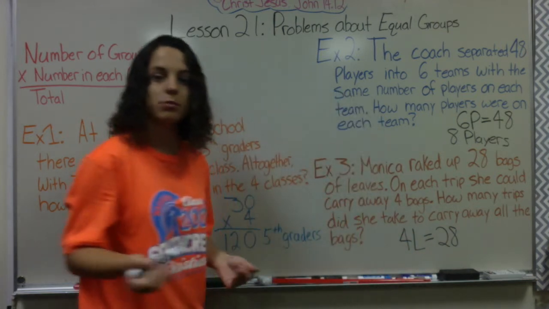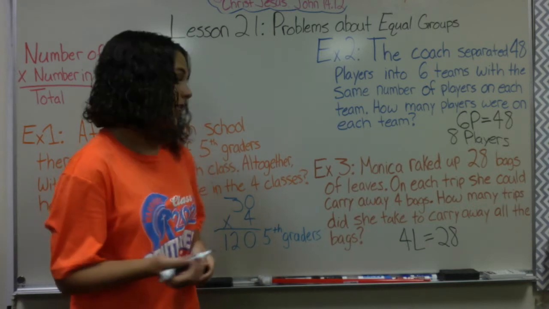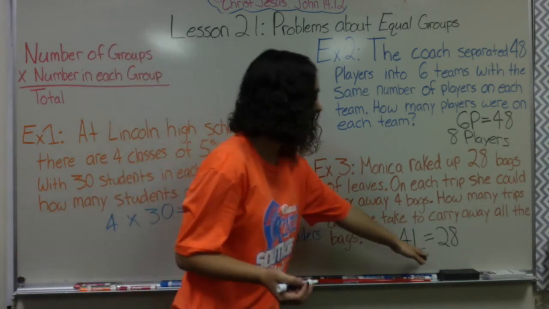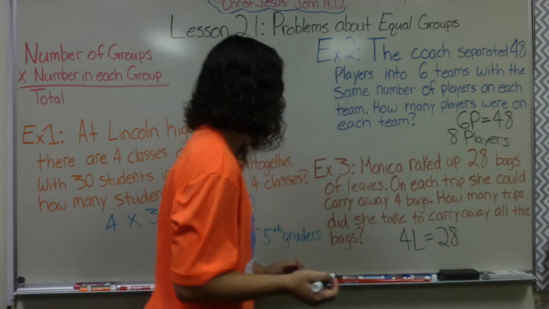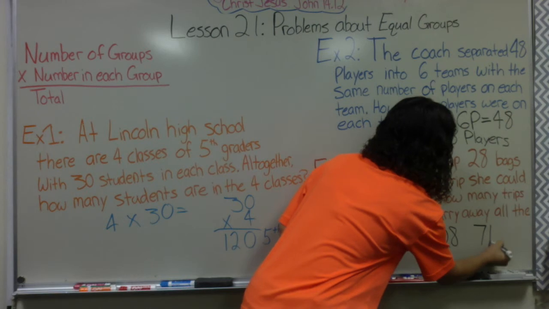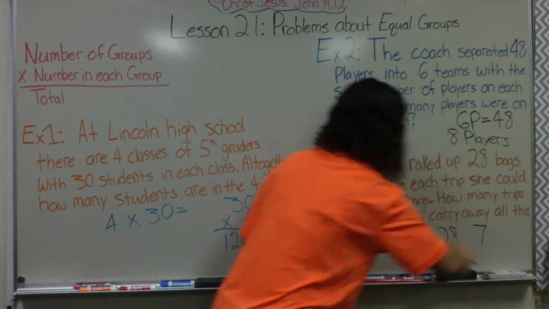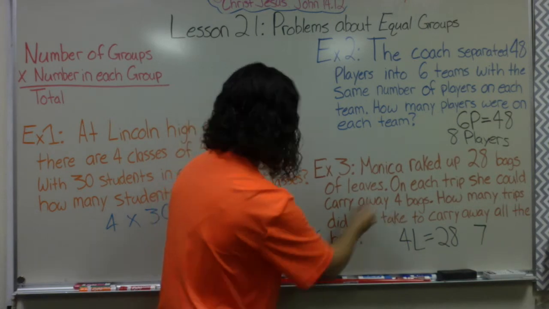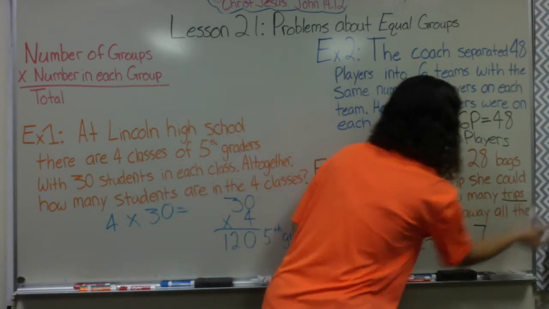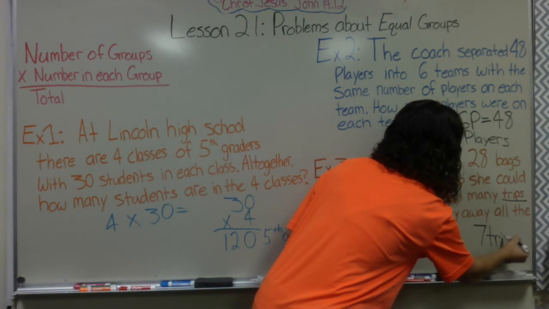That means 4 times what is 28. And I know that 4 times 7 is 28. So she could carry away 7 bags, or actually it was 7 trips. What I always need to make sure of, it says, how many trips did she take? So she made 7 trips.